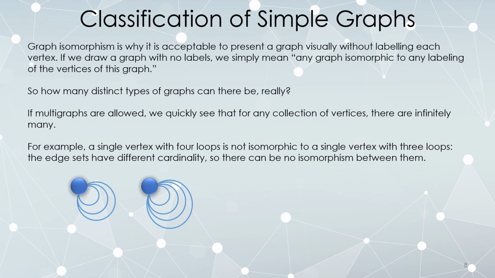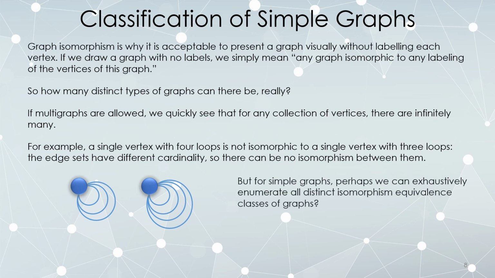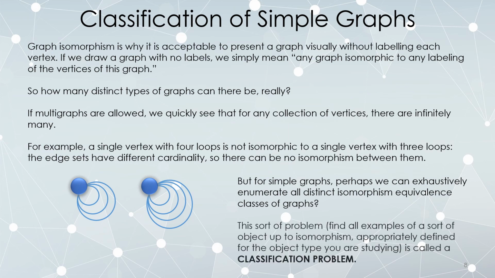So these two graphs are not isomorphic, and you could continue this picture. But suppose we're not talking multigraphs, we're talking simple graphs. So between two vertices, you can draw at most one edge. Maybe then it's possible to actually describe all of the equivalence classes under the equivalence relation of isomorphism.